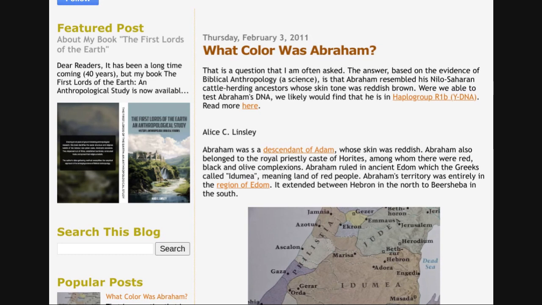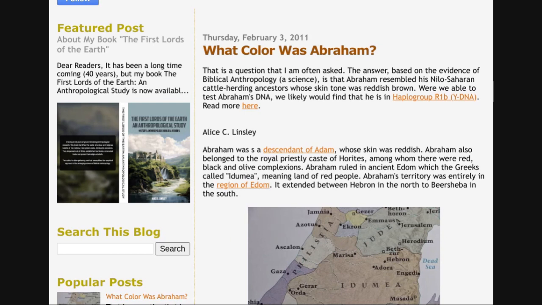There's another article I wanted to share with that one too, saying that some scholars said the Horites look like today's people from Ghana. So they kind of related those as family members. But that's a different article.